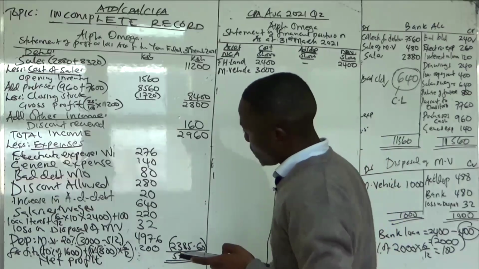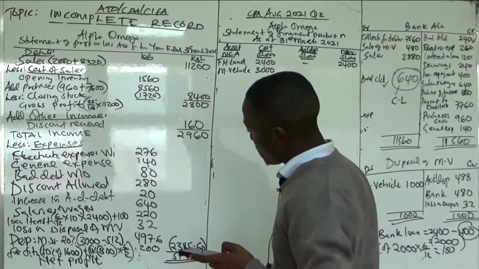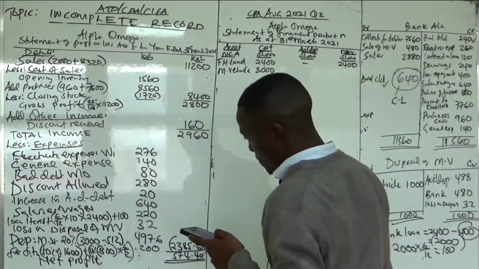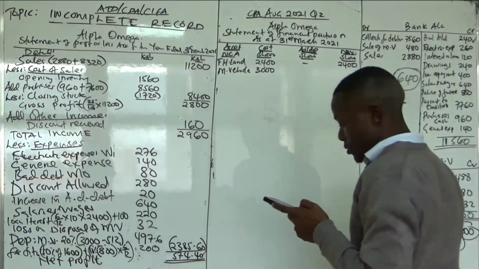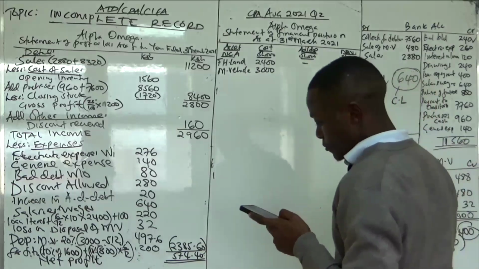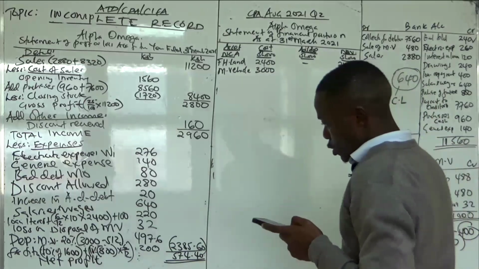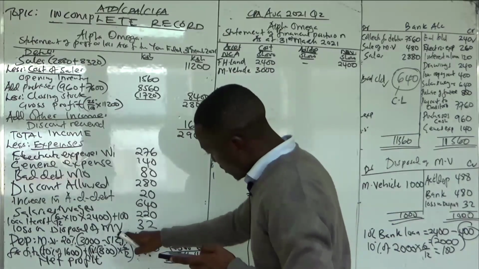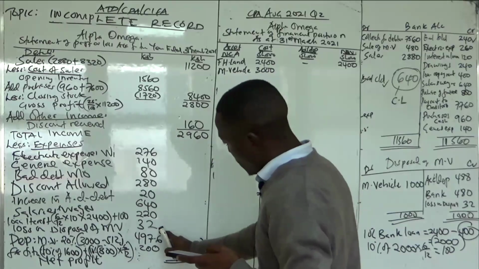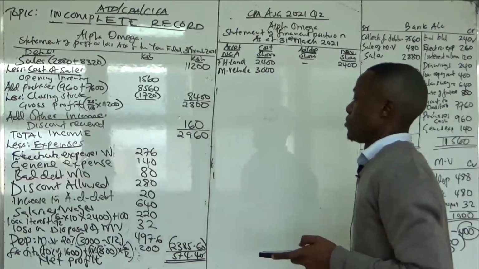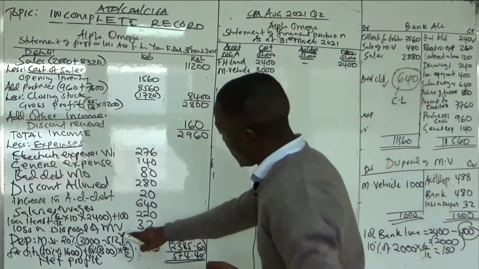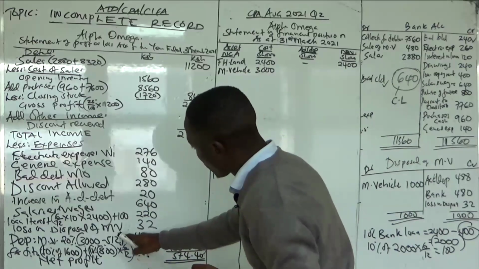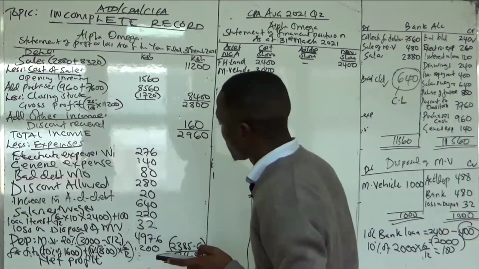After everything, because it was on reducing balance, it depreciated by what amount? 497.6. You take this, it was reducing balance. It is this plus this. Take this plus this. This was in the beginning, then at the end is depreciation at the end. Then this was provision at the beginning. Add this plus this, how much is it?